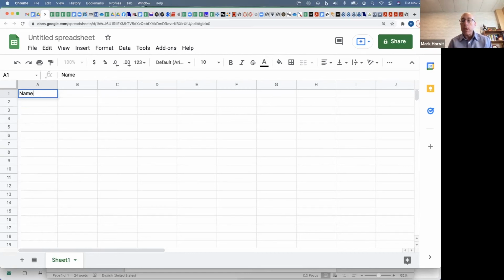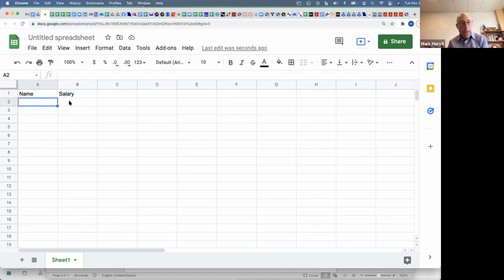We're going to be building a small little salary table, and then we're going to work with the salaries. So name. Whenever you work with data, you want to make sure you have column headers, which are just the names of your columns in row 1. So name, and then in column B, salary. And for the moment, that's it. Name and salary are our column headers.